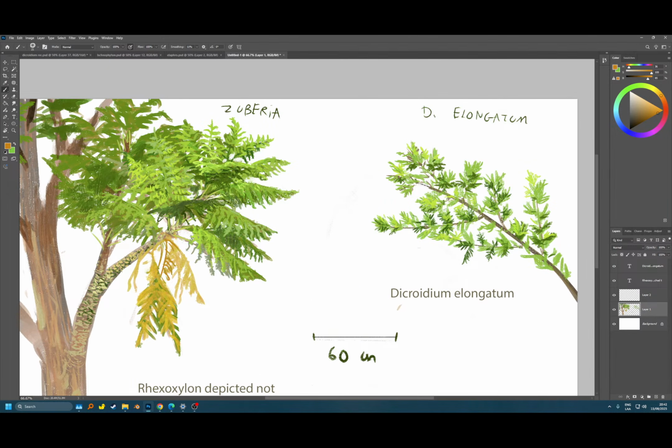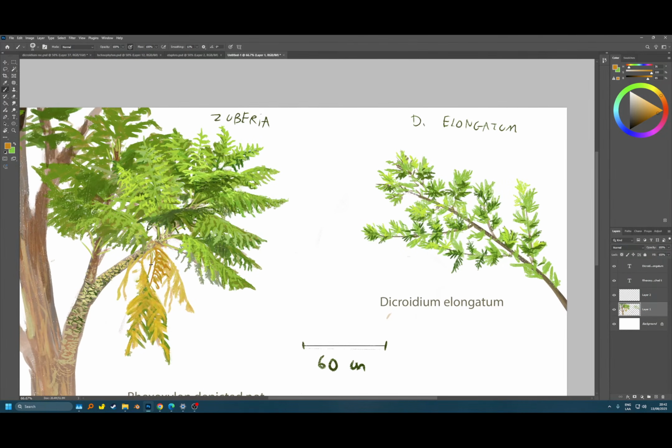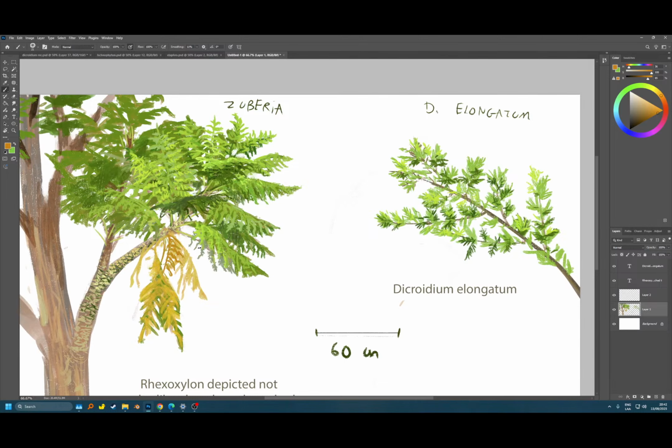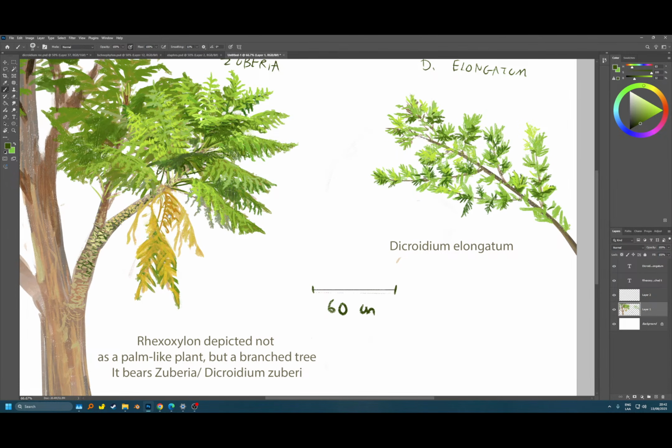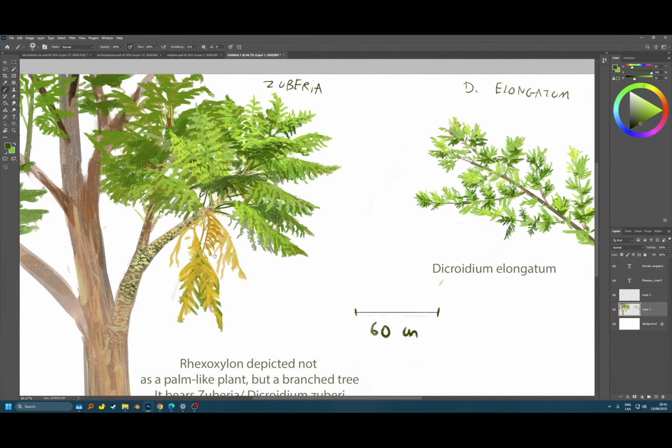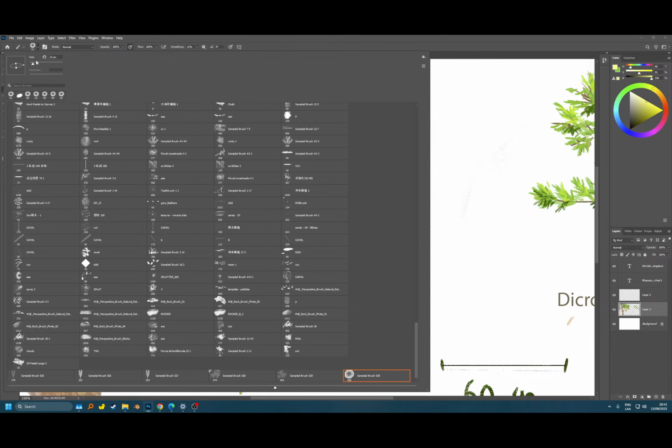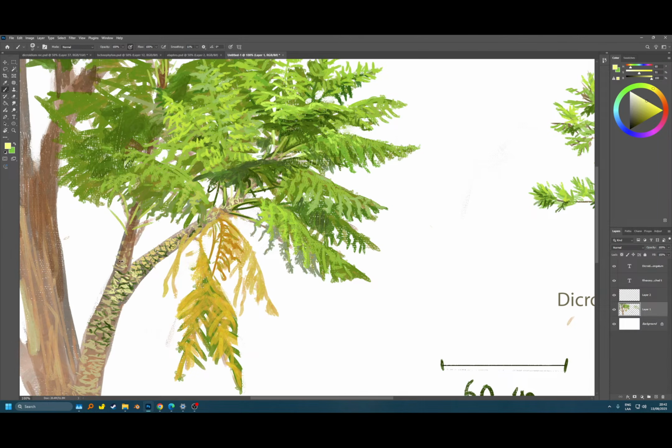I guess you would prune like this. More scales here.